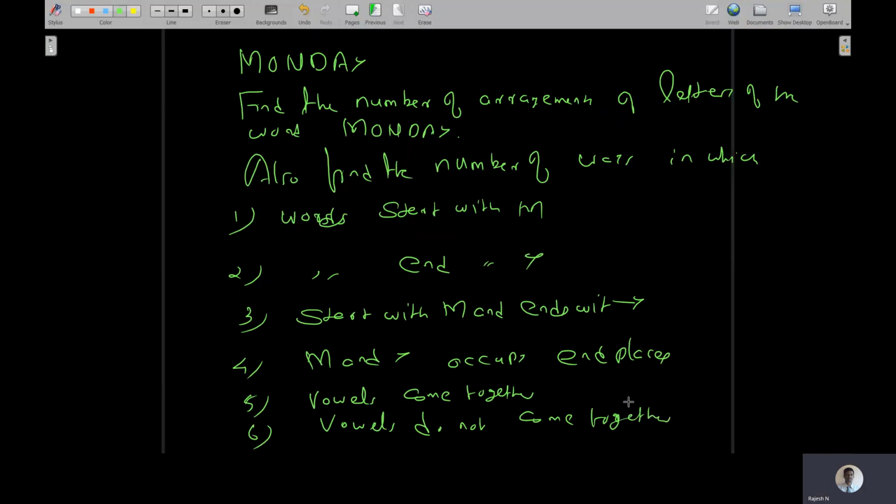Also find the number of ways in which the word starts with M, ends with Y, starts with M and ends with Y, M and Y occupy the end places, vowels come together, and vowels do not come together. This is the same as the previous problem. Instead of DAUGHTER, here 6 letters are there, so you can find it easily. Compare it with the previous one and solve it. That is easy.